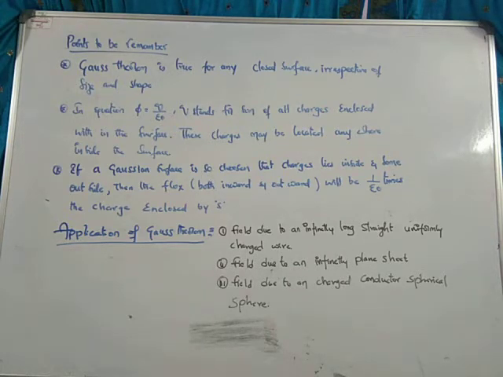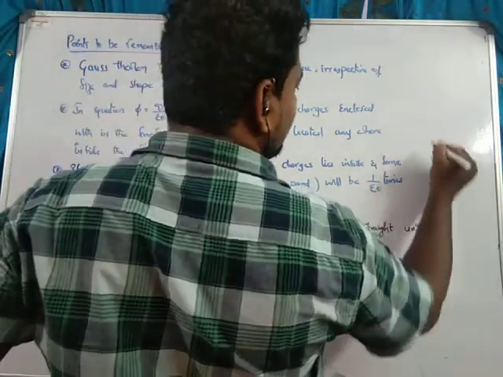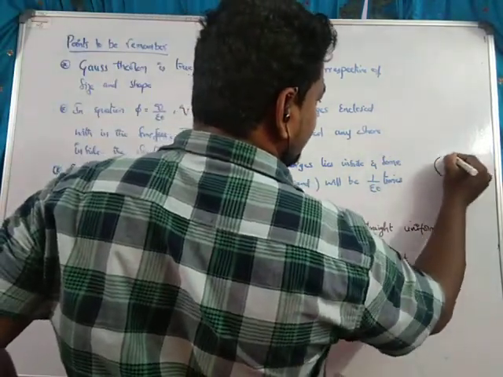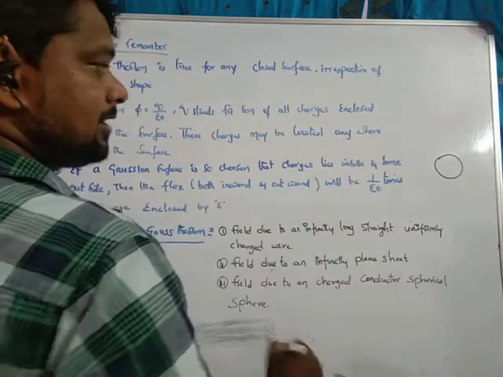And third one, if a Gauss surface is so chosen that some charge lies inside and some outside, then generally this will be the content.